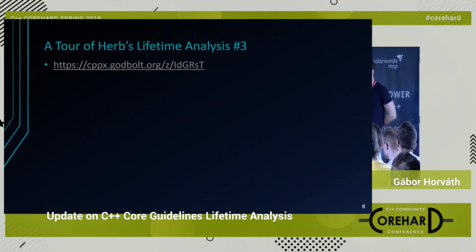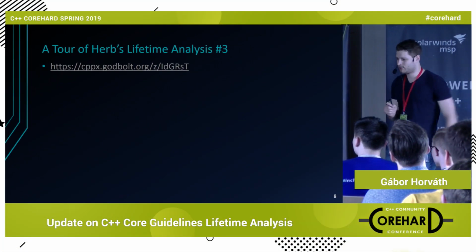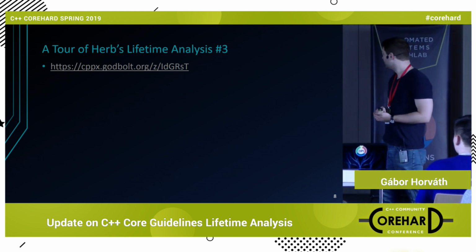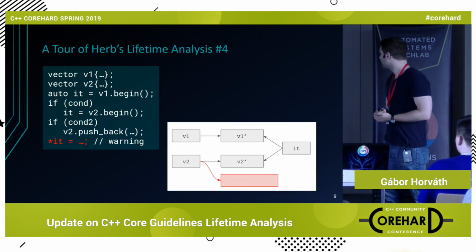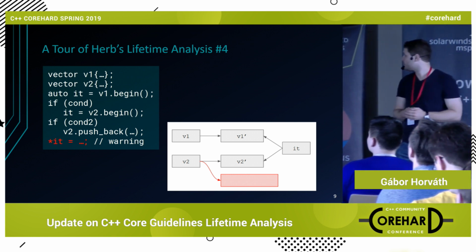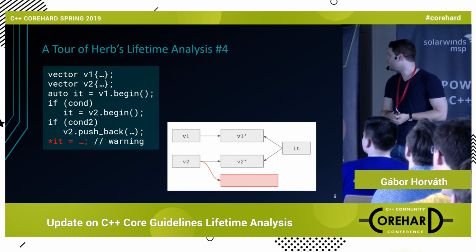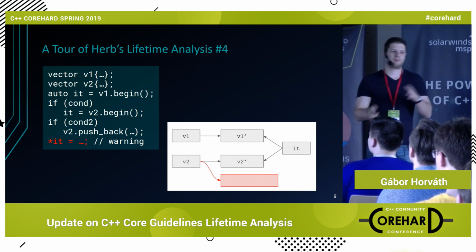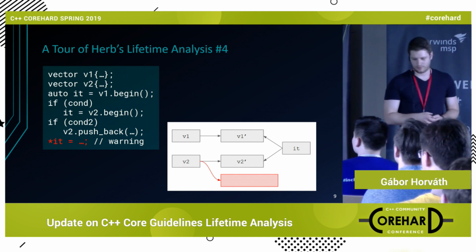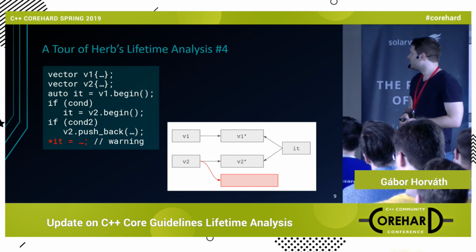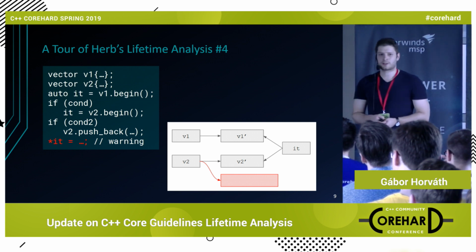But these are basically some small examples showcasing what this analysis can achieve. And let's look at a specific example. So here we have two vectors and an iterator that might point into either one or the other of these vectors.